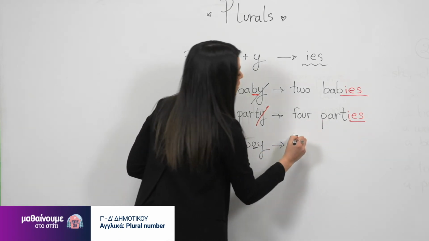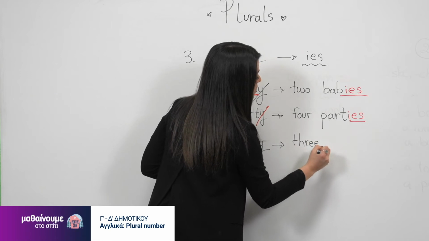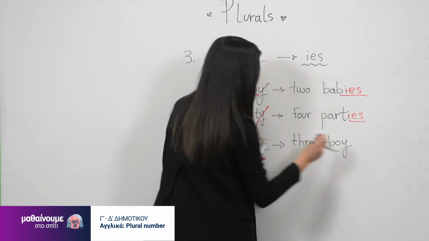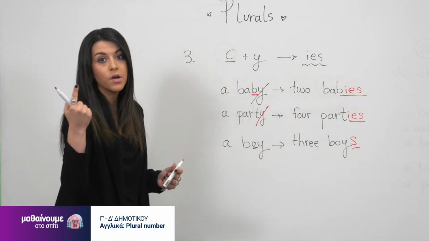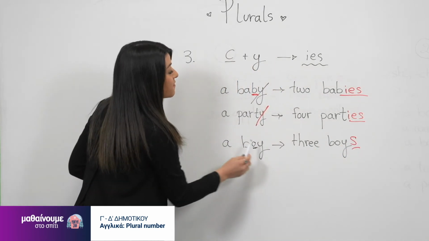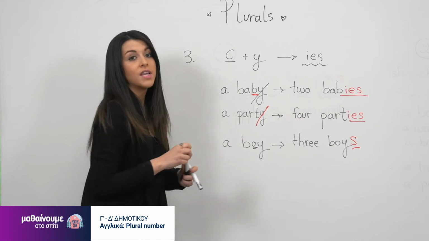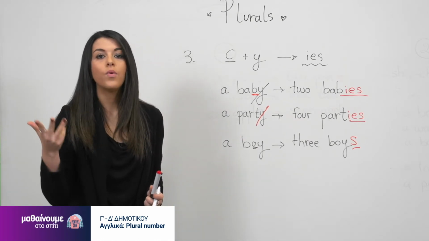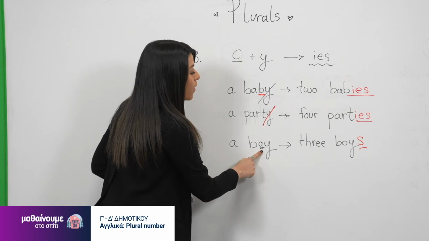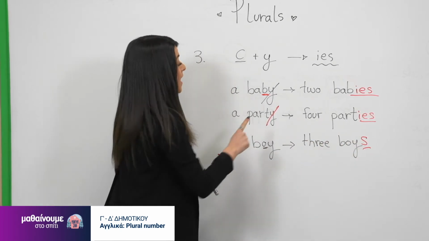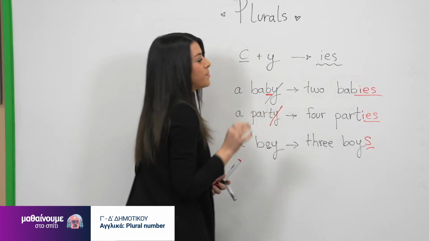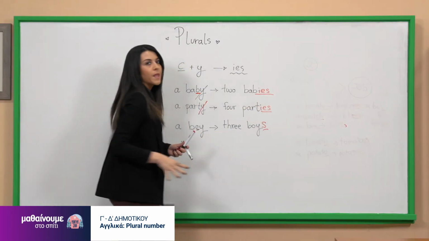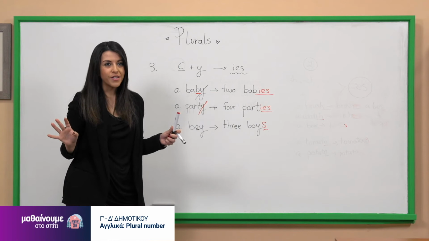We say, let's say 3 boys, just with an S. Like the first rule, okay? Because here, this is a vowel. Remember the vowels? A, I, E, O, and U. So this is a vowel, so we only put S. This is a consonant, as well as this, so we erase it and we put IES, okay? That's very important to remember.